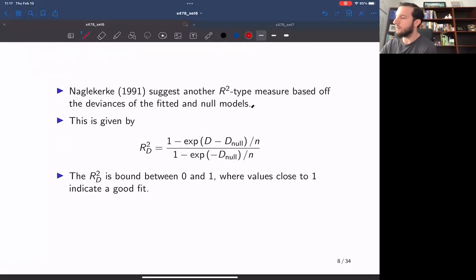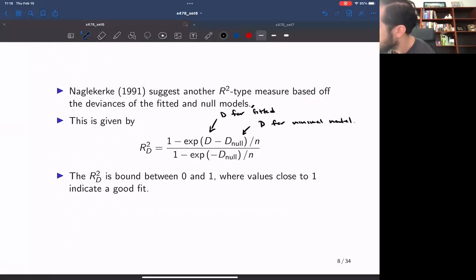Again, here, this is the deviance for the minimal model, and this is D for the fitted model. And it's a very similar idea.